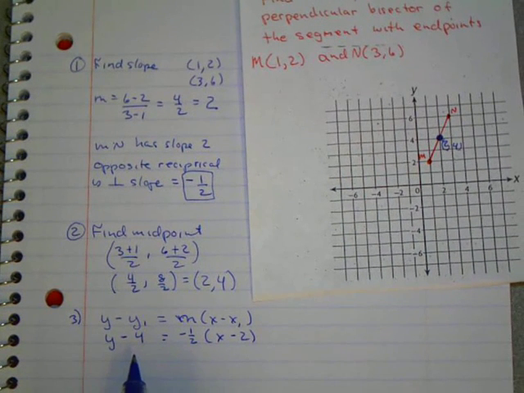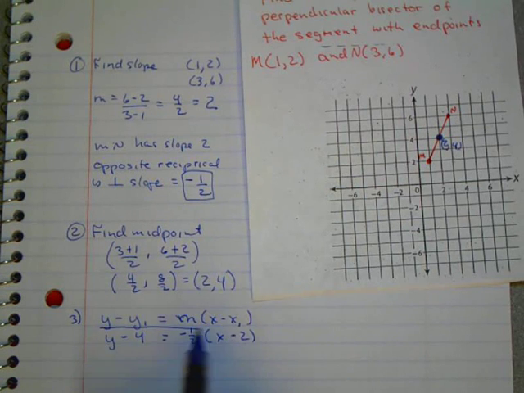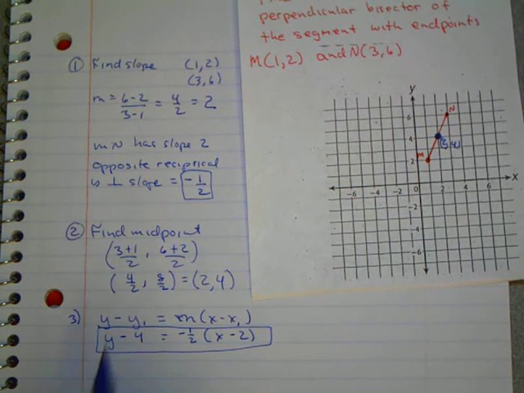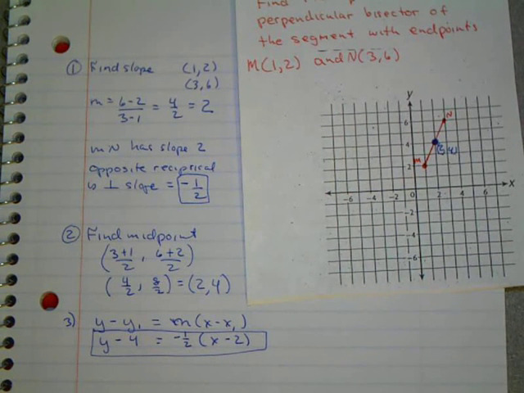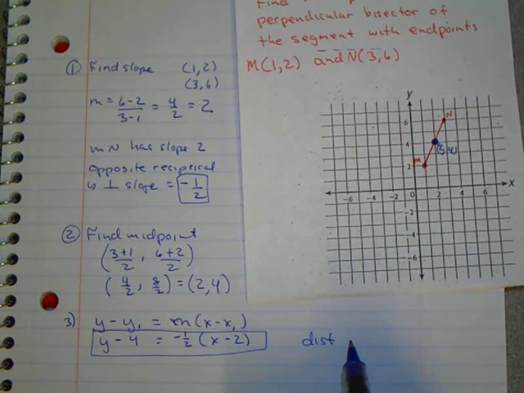Now I can simplify that a little further. You could leave it right here if you were just asked to find an equation, but if you're going to put it in simplest form, to make it easy to graph, you'll probably want to put it in slope-intercept form. In fact, in my class, that's what we'll be doing. So all I have to do is distribute my slope.